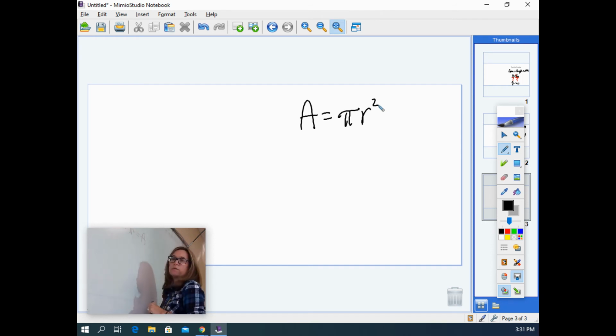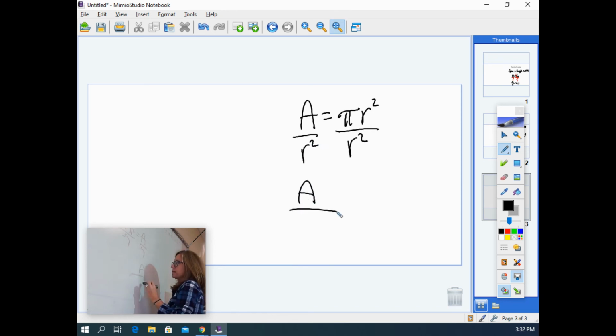What if I gave you that formula and I said, could you isolate, let's say, your pi? Let's get pi all by itself. Could you do that? Yes. These two are being multiplied together, so I could divide both sides by r squared. Your area of a circle divided by your radius squared is going to give you pi every time. So I just isolated pi.